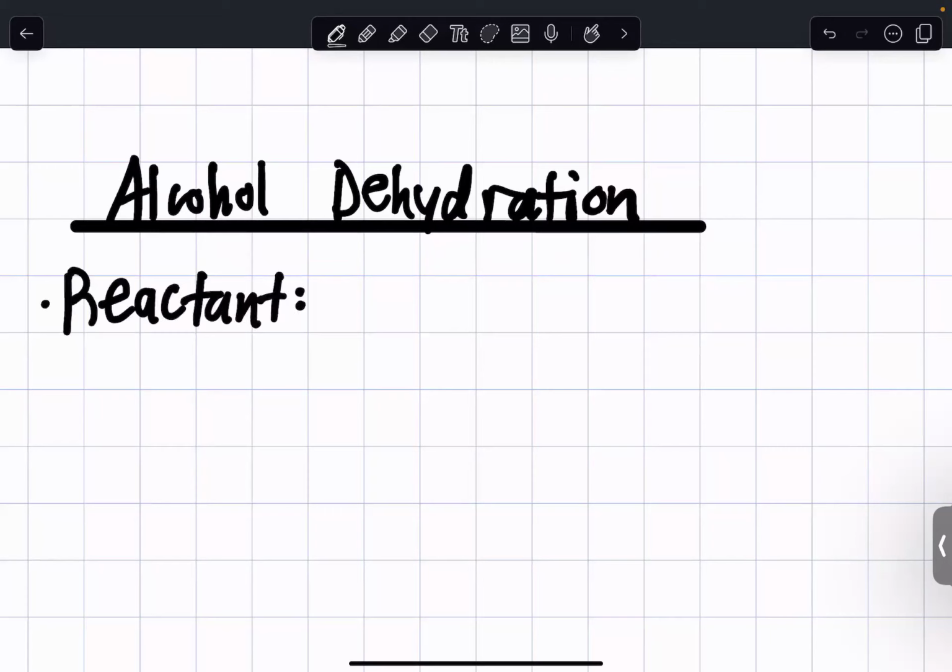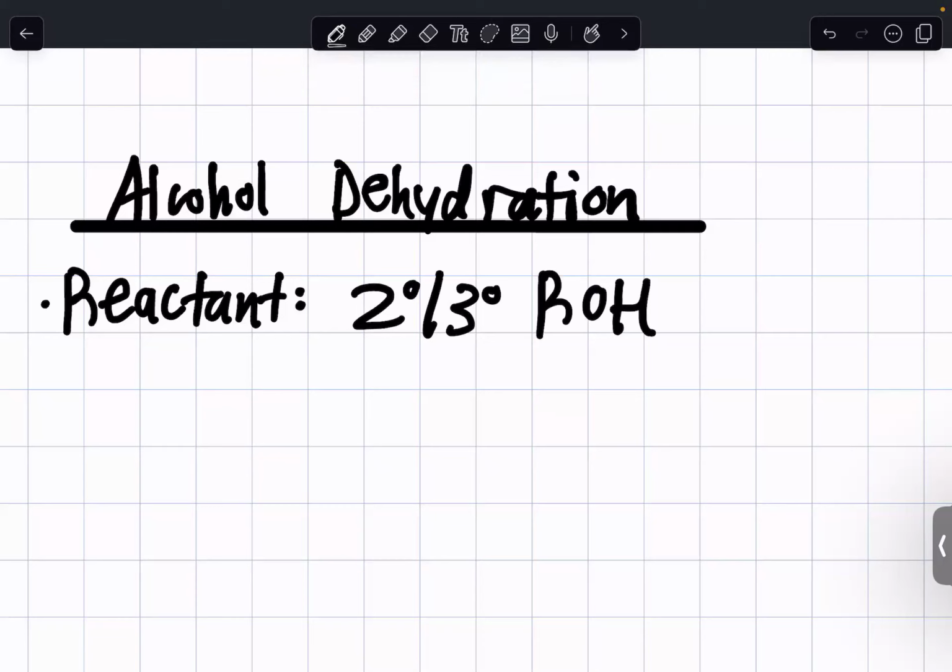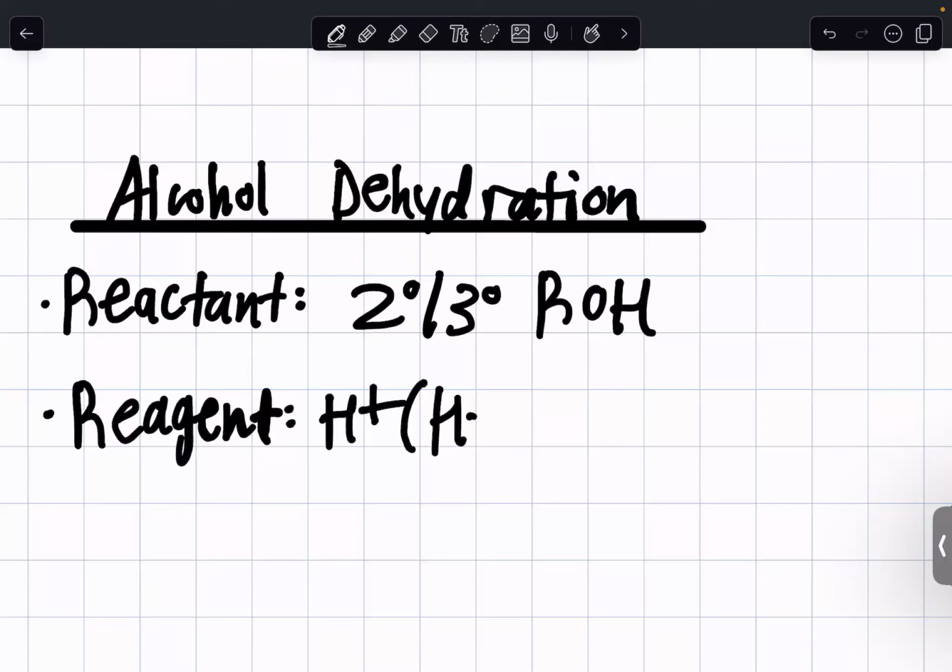And it's probably going to be a secondary or tertiary alcohol. And the reagents that you see on the arrow are going to be some kind of acid. It could be like H2SO4 most likely, or H3O+ under heat.